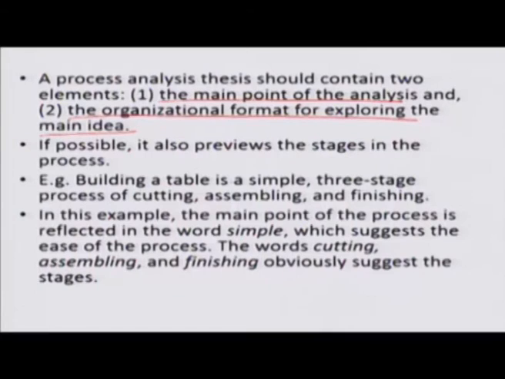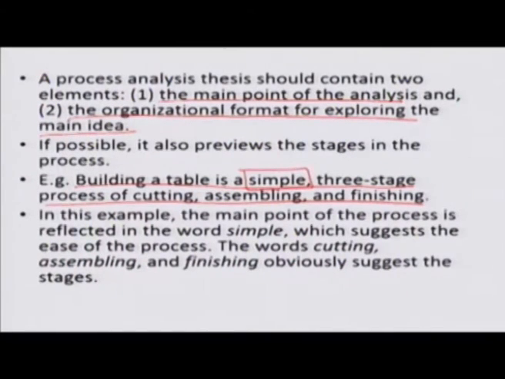Building a table is a simple 3-stage process of cutting, assembling and finishing. So, what does this thesis statement mean? Obviously, the rest of the text is going to talk about this process, how you build a table, but there are other words also here. It says it is a simple process.